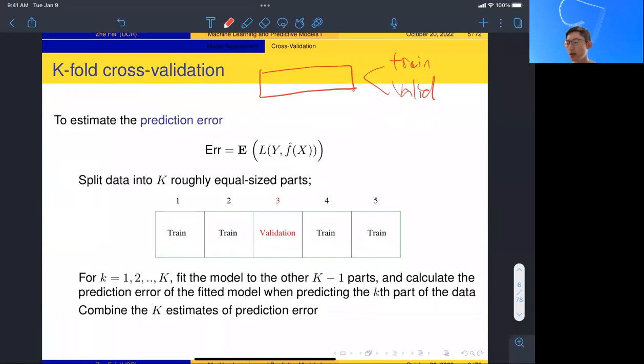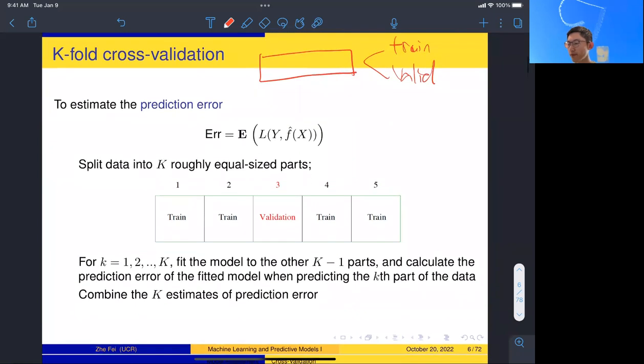We have seen this multiple times, so it should be straightforward: for each fold, we separate the training and the validation. It is an unbiased way of estimating the error, and we iterate between all the folds.